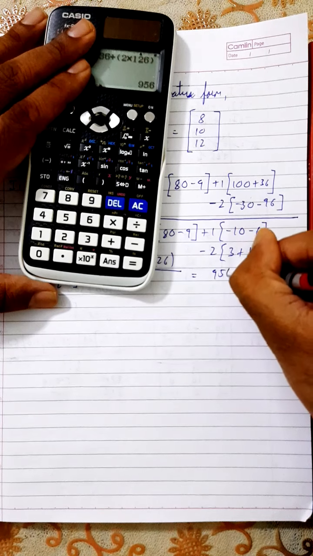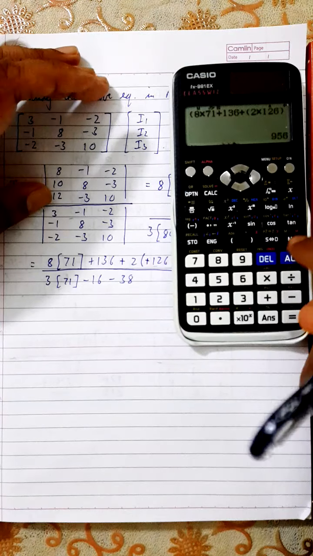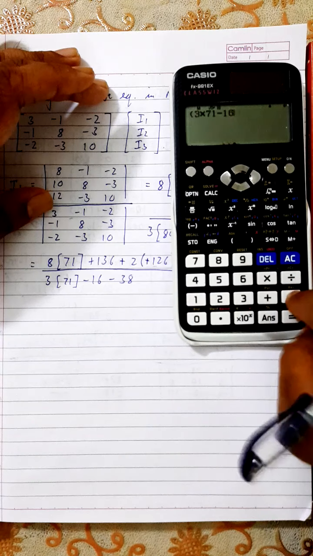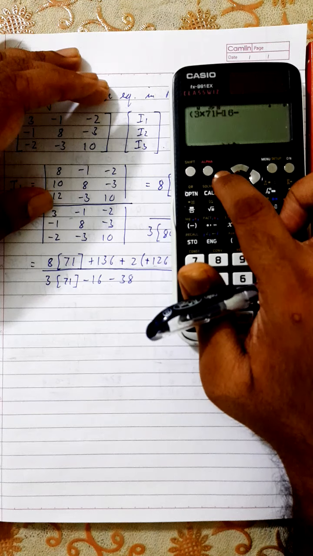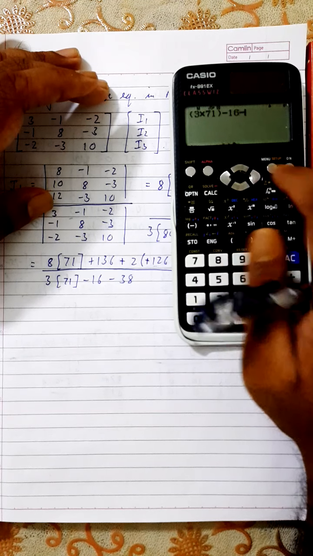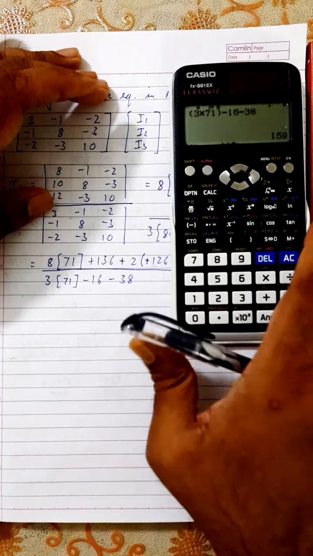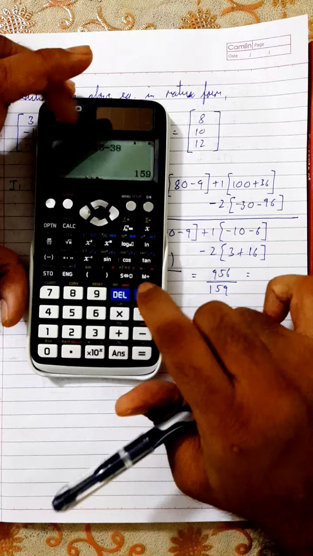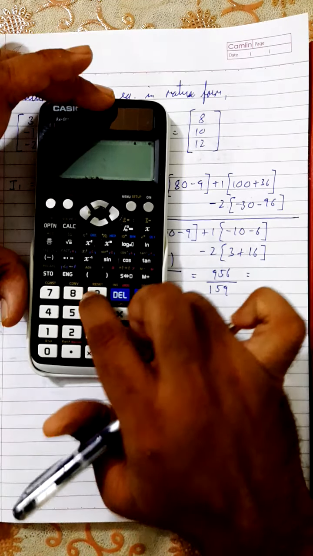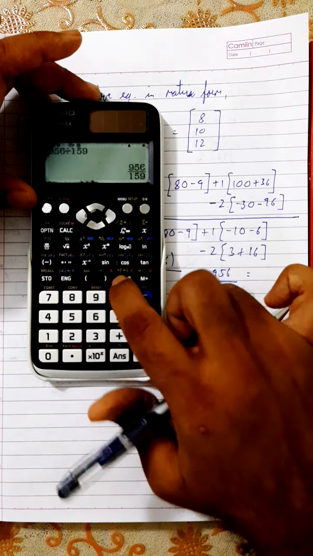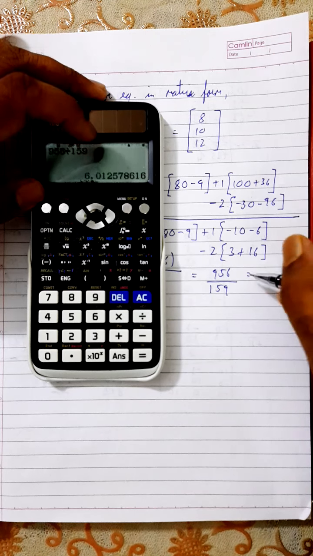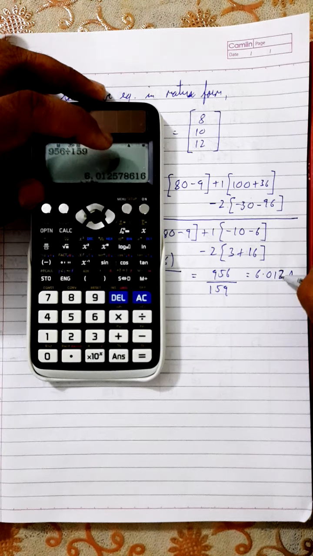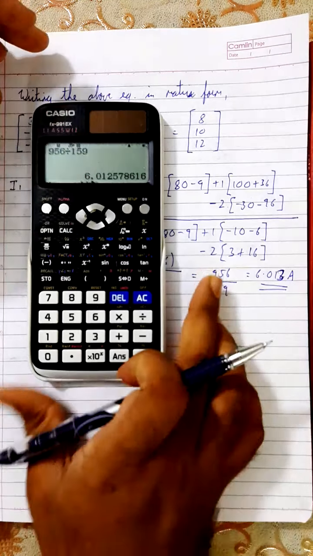So this is 956 divided by the denominator, which is 3 into 71 minus 16 minus 38. I forgot the bracket over here. So you will have 159. Therefore 956 divided by 159, and you have the answer as 6.013 amperes. Here's the value of I1.